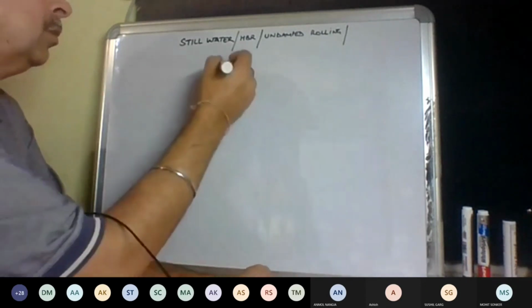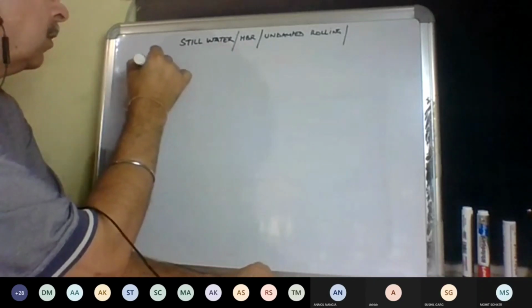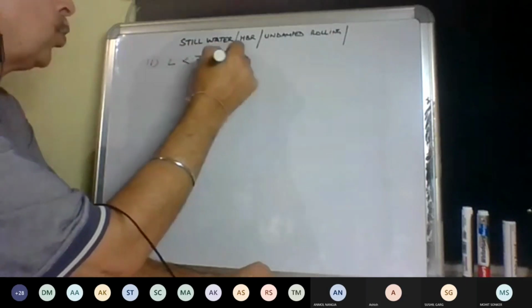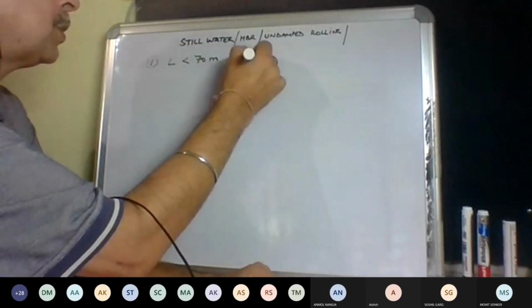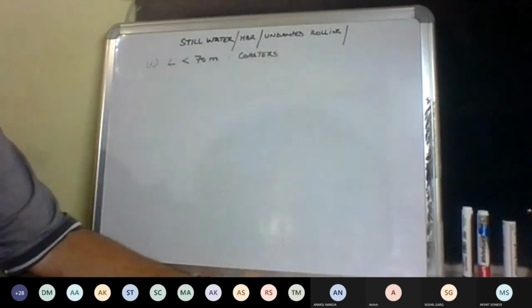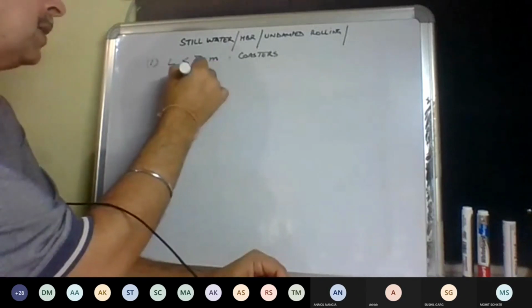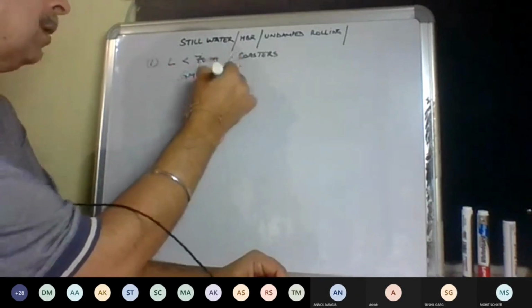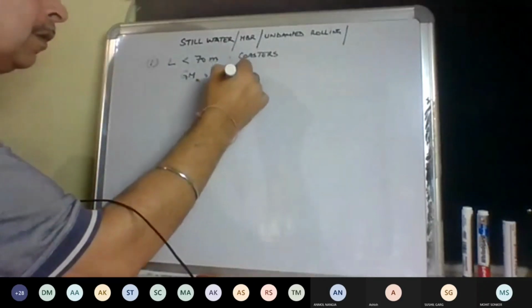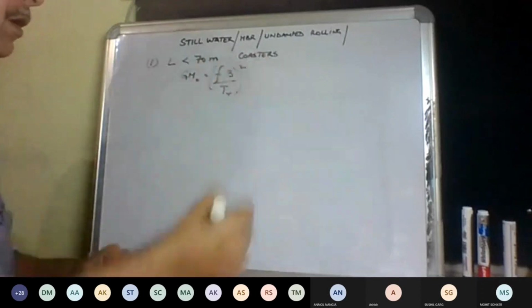So for vessels which are of length less than 70 meters, also called coasters or small vessels, the GM of the vessel can be estimated by what is called the rolling period test, which is given by a straight formula.